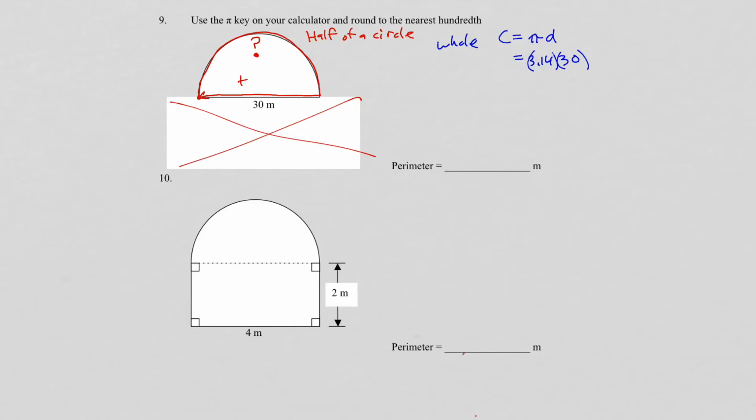I'm sorry, I didn't mean to do that. We can't round this because it's going to mess up our answer. We've got to leave it as pi.